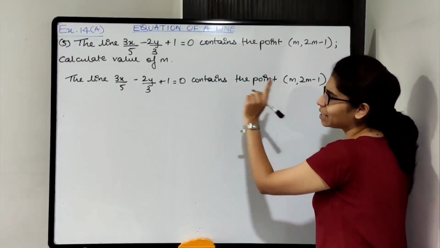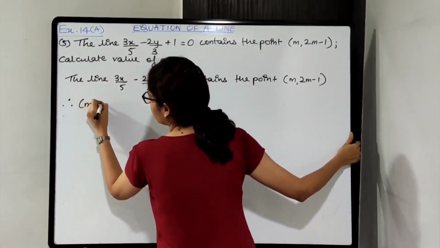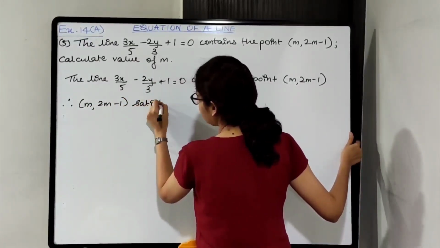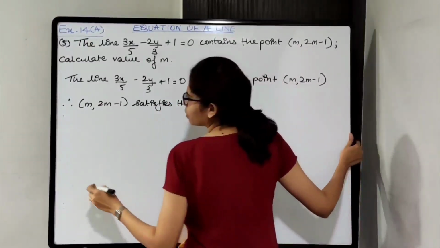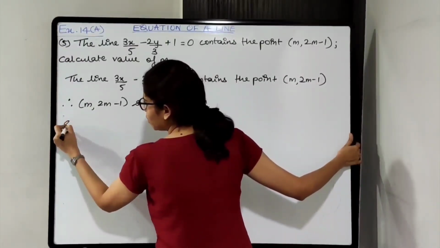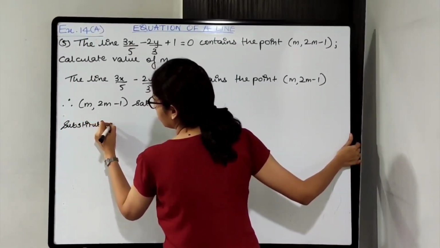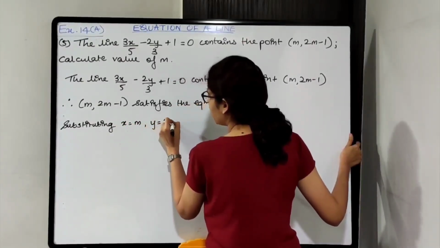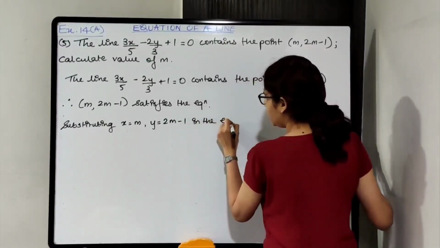So therefore it satisfies the equation. So write down, therefore (m, 2m - 1) satisfies the equation. So you can substitute the values. Write down substituting x equal to m and y equal to 2m - 1 in the equation.